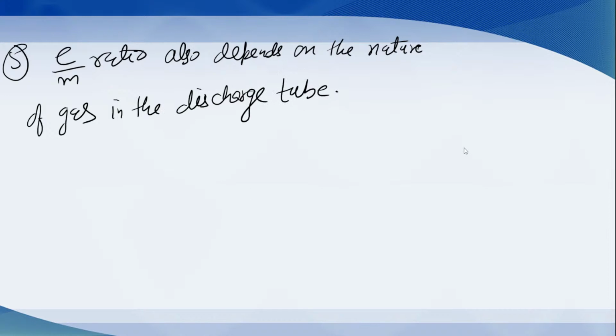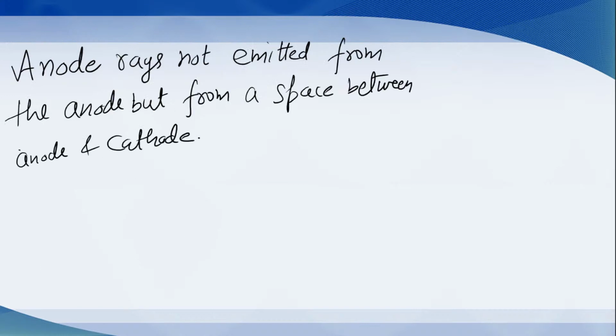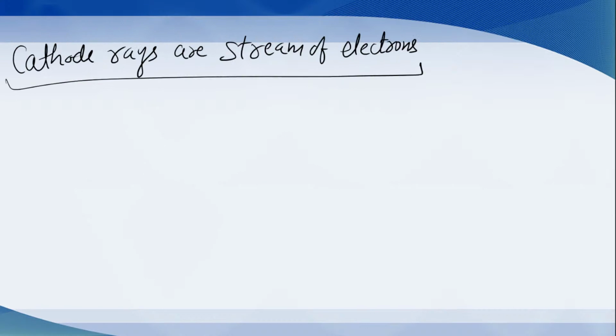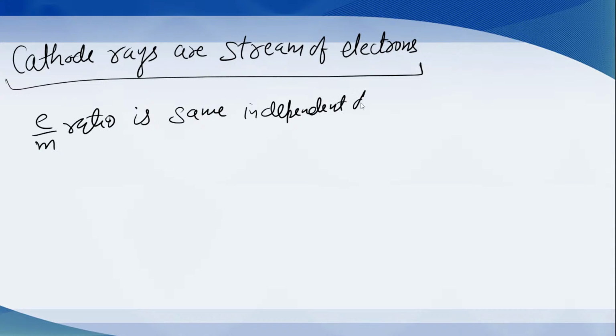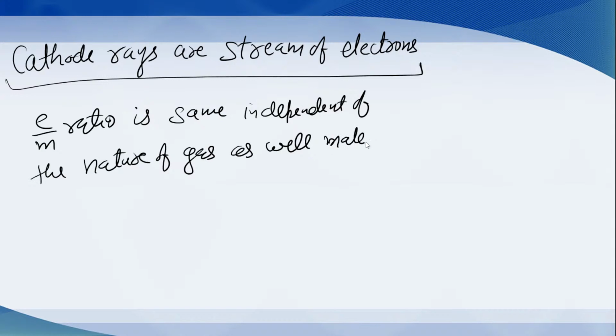But in case of cathode rays, the charge to mass ratio is the same. It is independent of the nature of the gas as well as the material of the electrode.